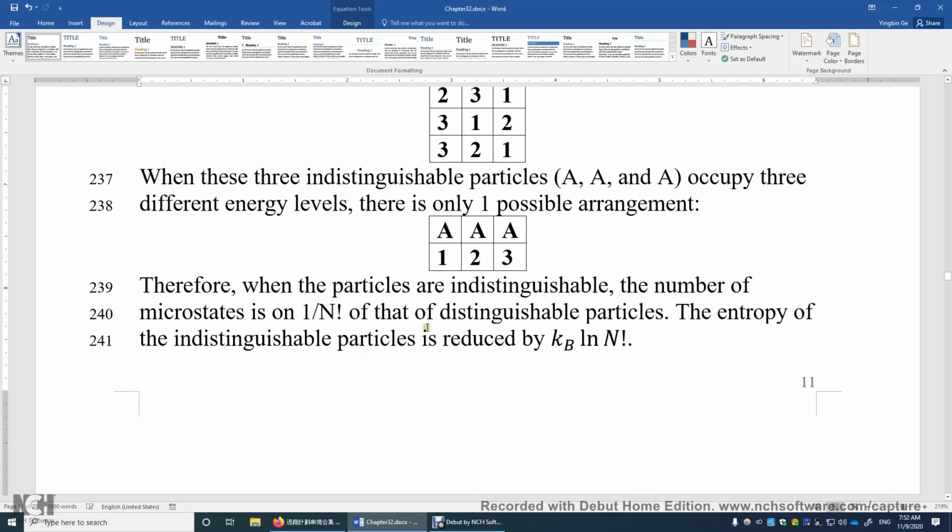Now, if the particles are indistinguishable, again, if I give you 1 mole of helium atoms, that's a lot, and I ask you to look at these atoms, and then I ask you to turn around, and then I arbitrarily swap 2 atoms, and then I ask you to examine the same 1 mole of helium atoms, you cannot tell if I swapped any 2 atoms or not.